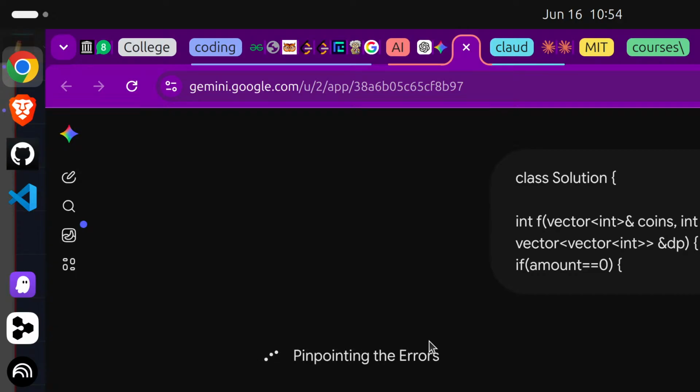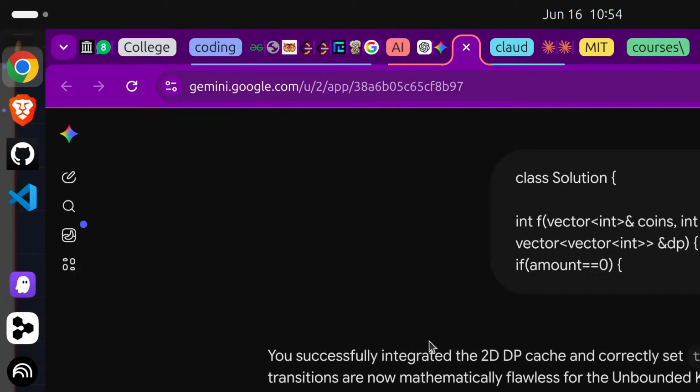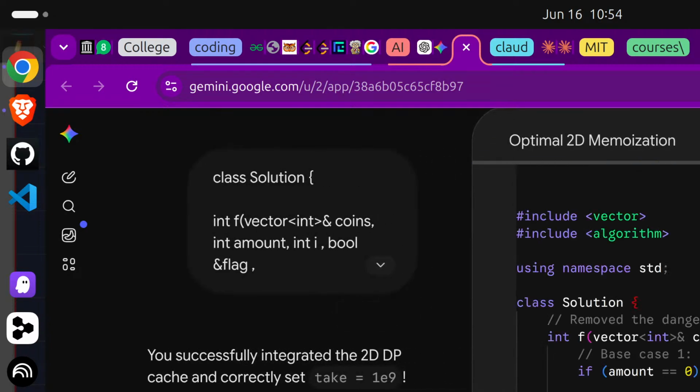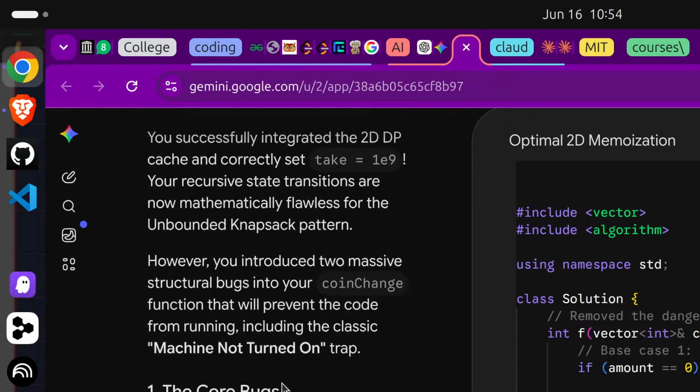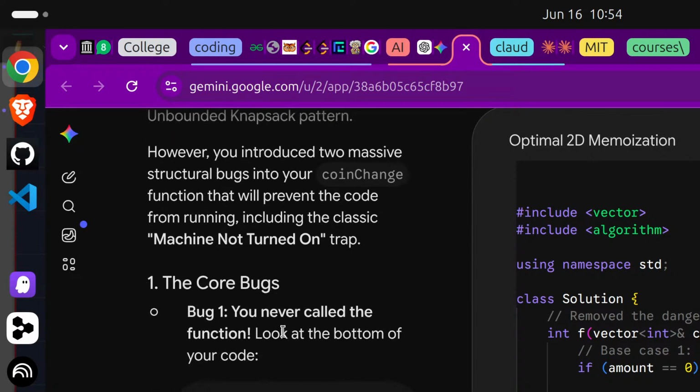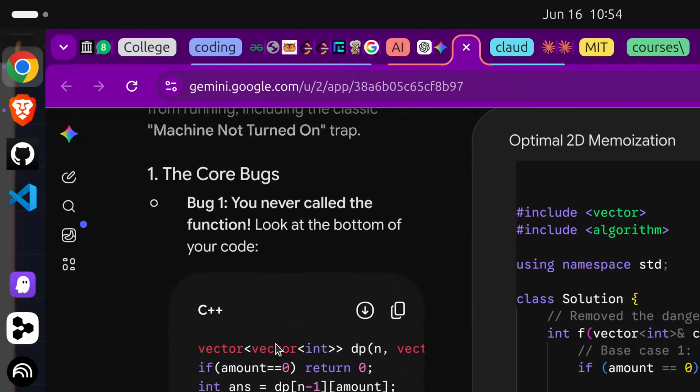That's the problem. You never called the function; look at the bottom of the code.